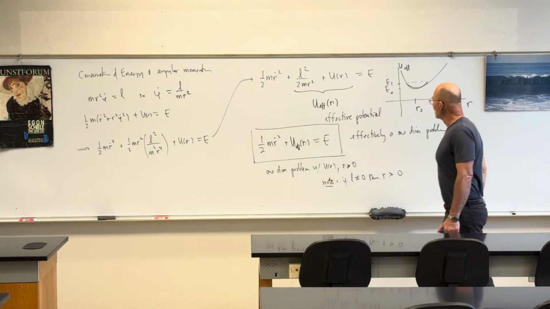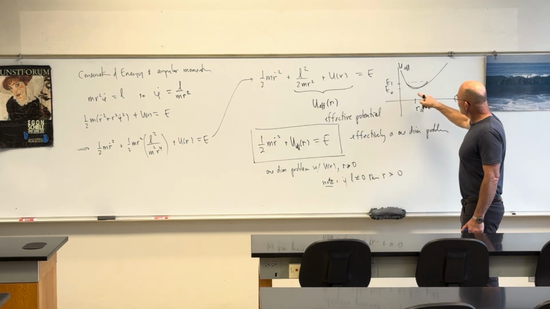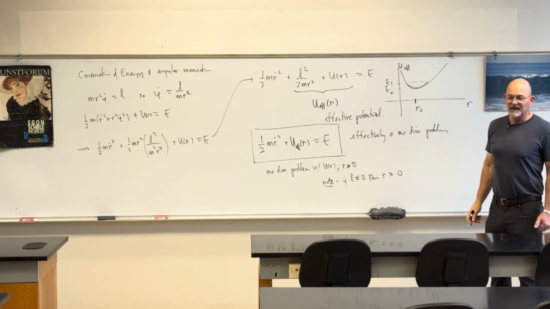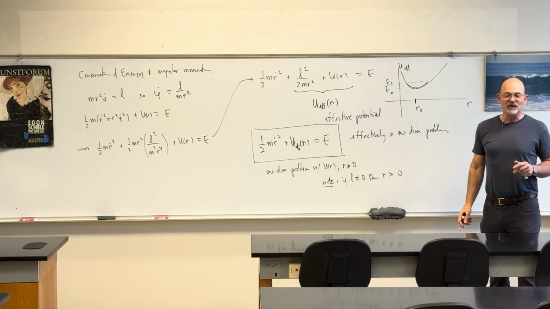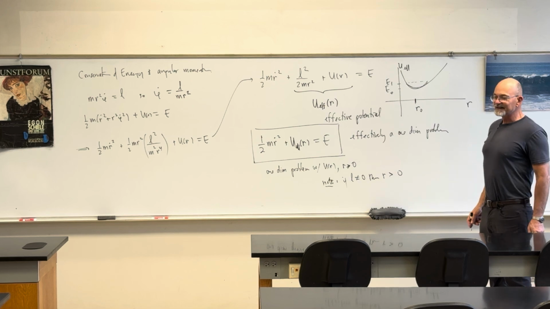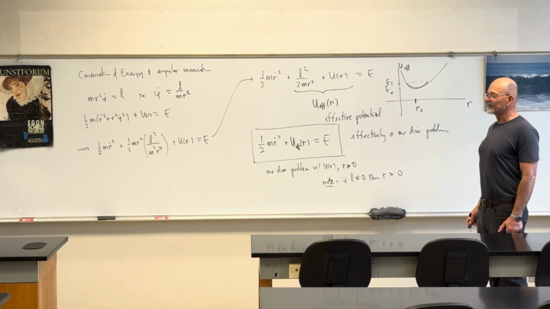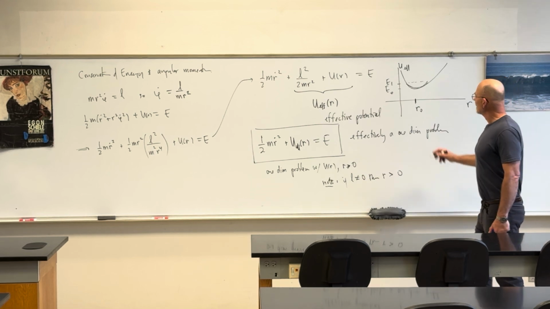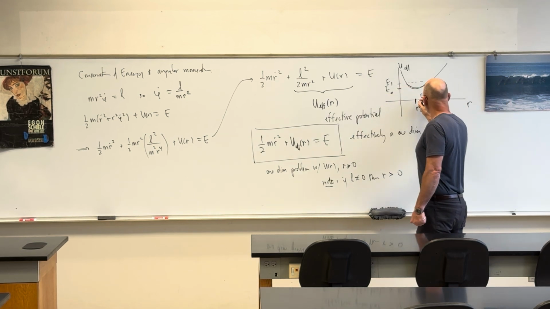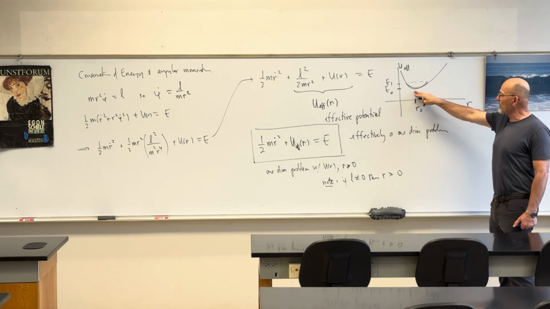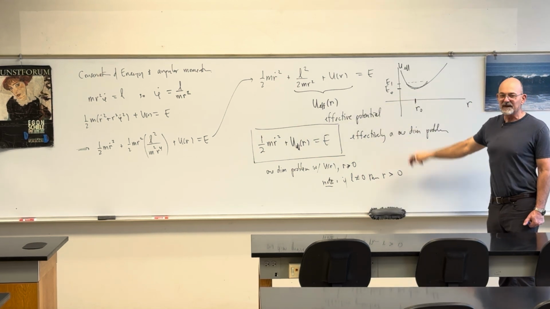But suppose you do have a stable equilibrium point in the effective potential, but it really was and is a two-dimensional central force problem. What kind of motion is that? If you've got E0, you've got R0, and the particle is just resting there, what's it doing in the original problem?